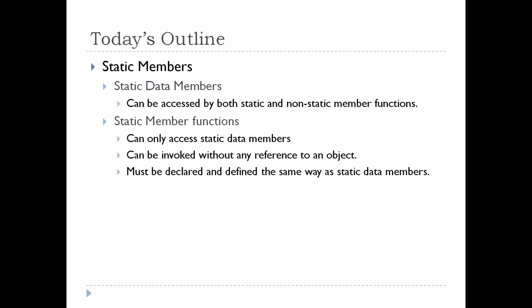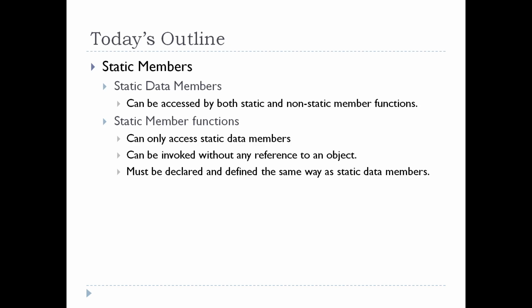So when a static member function does not receive the address of any object, it does not have the this pointer. That means it cannot access the non-static data members and member functions. So static member functions can only access static data members. They cannot access non-static data members.